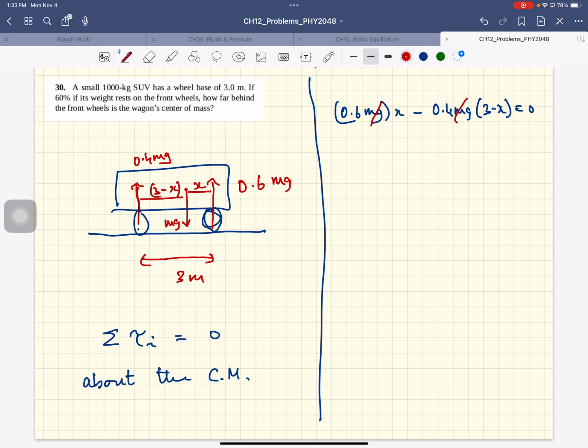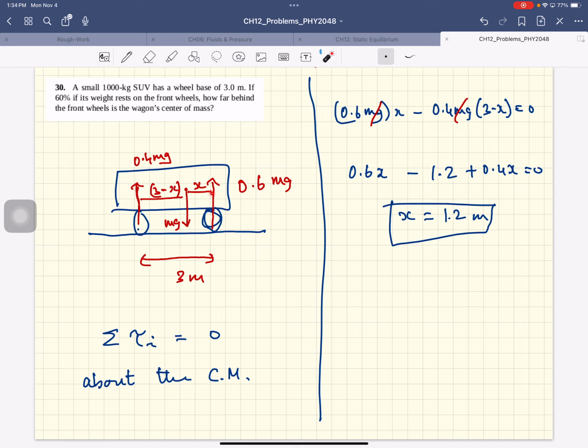So what you have left is 0.6 x minus 0.4 times 3, which is 1.2, plus 0.4 x equal to 0. x equal to 1.2. So the center of mass is 1.2 meters behind the front wheel.